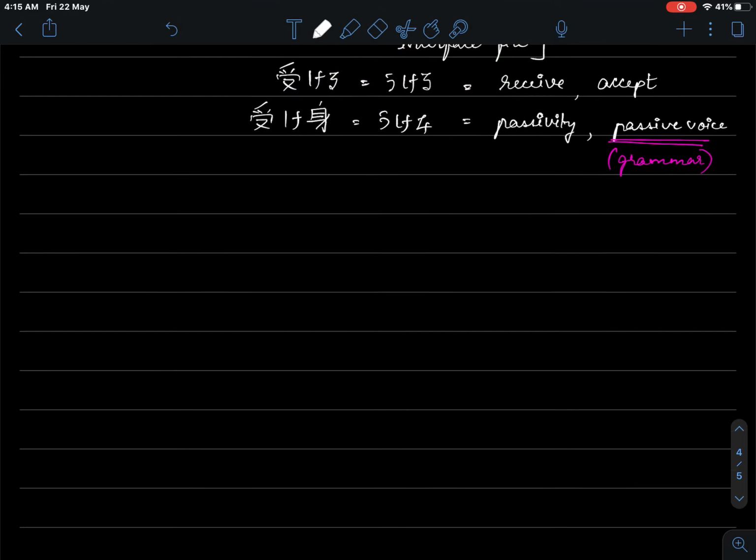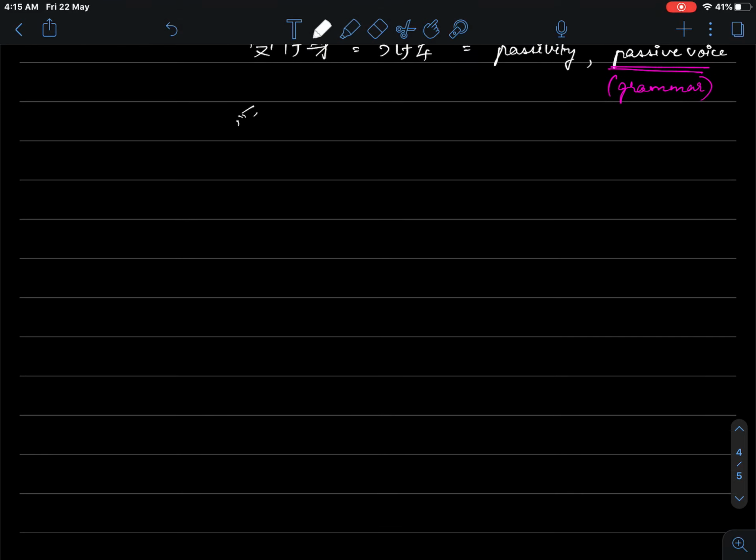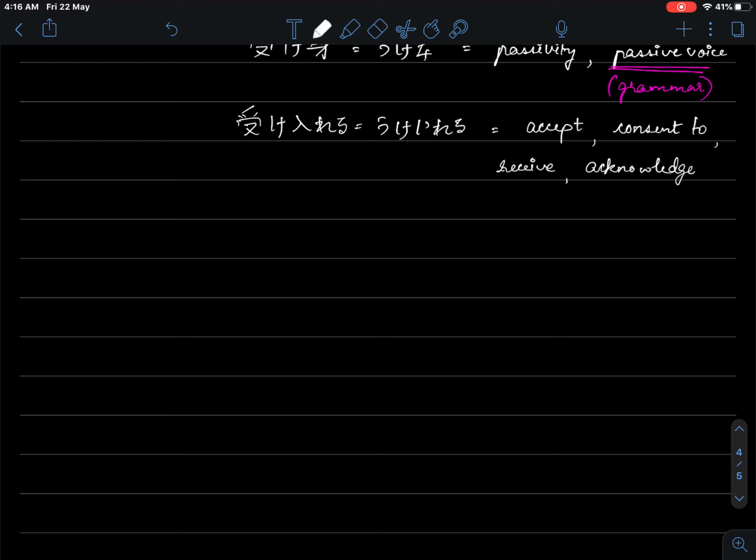Okay, let's look at the next word. This is ukeireru, which means to accept, to consent to, receive, or to acknowledge.